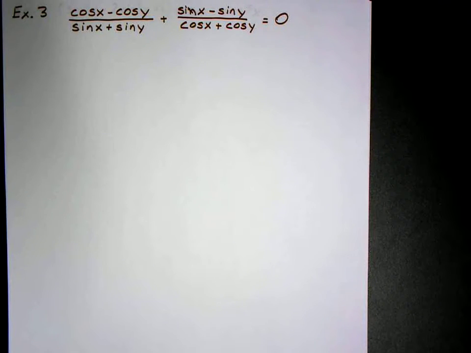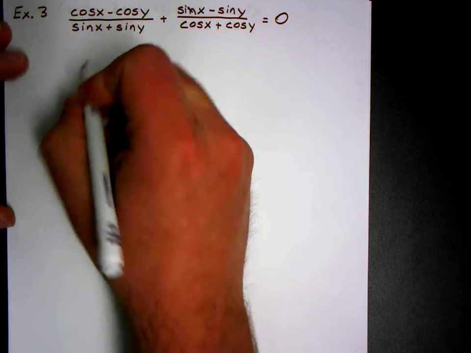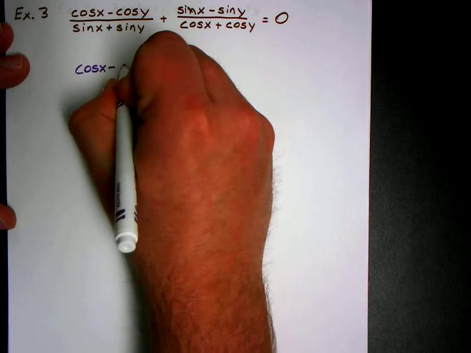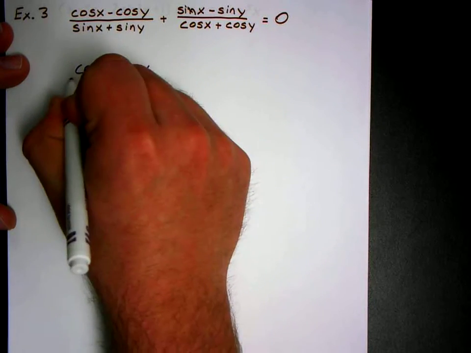Okay, so where should we start? Because that's what we should get to in the end. Okay, we have two fractions. What do we always do when we have two fractions? Get like denominators and add them together. So this fraction, remember, we have to write down every step. We can't just magically make it happen.